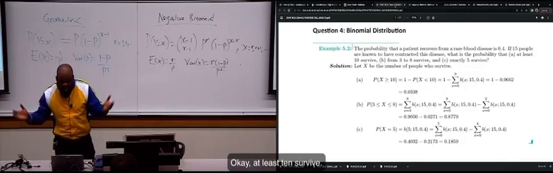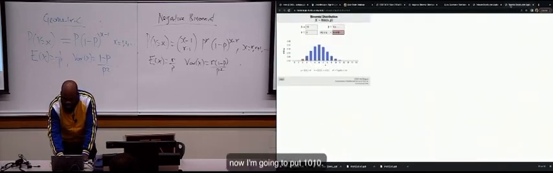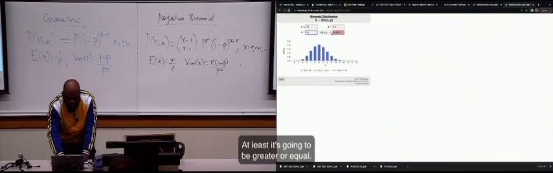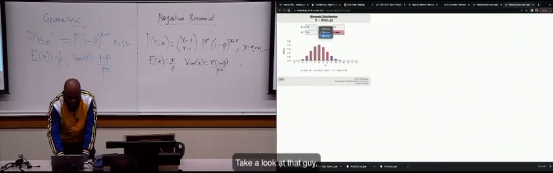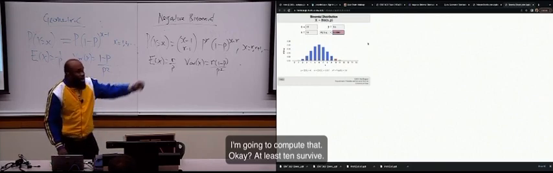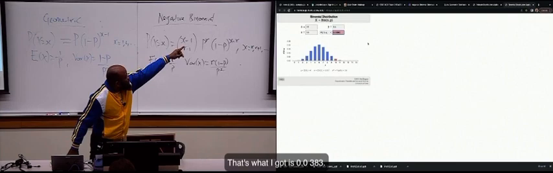At least 10 survive. So I'm going to put 10. Then I'm going to go to the drop box. At least is going to be greater or equal. Take a look at that. That's greater or equal. I'm going to compute that. At least 10 survive, that's what I got.